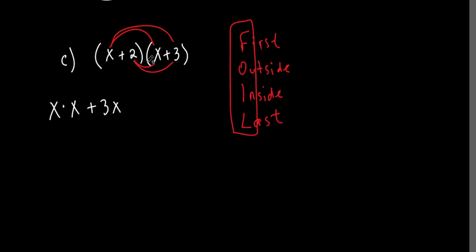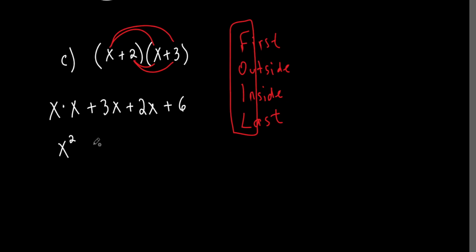It's these two right here. It's a positive 2 times a positive x, which is positive 2x. So we put a plus sign. Then we do the last two terms. This 2 and this 3. We multiply them together. So it's positive 2 times positive 3, which is positive 6. Let's finish it up. What's x times x?